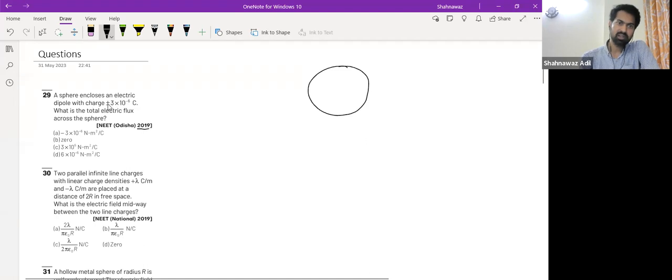And an electric dipole is placed, so this is minus Q, plus Q. What is the total electric flux across the sphere? So this is a closed sphere. So what would be the electric flux, Rabia?